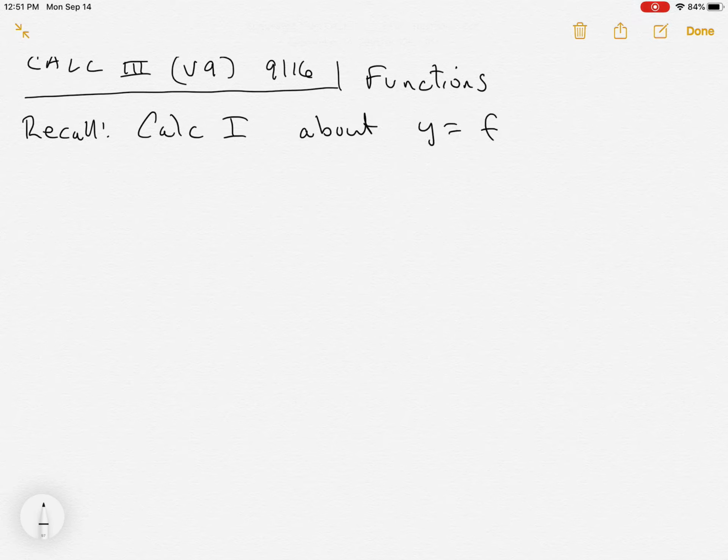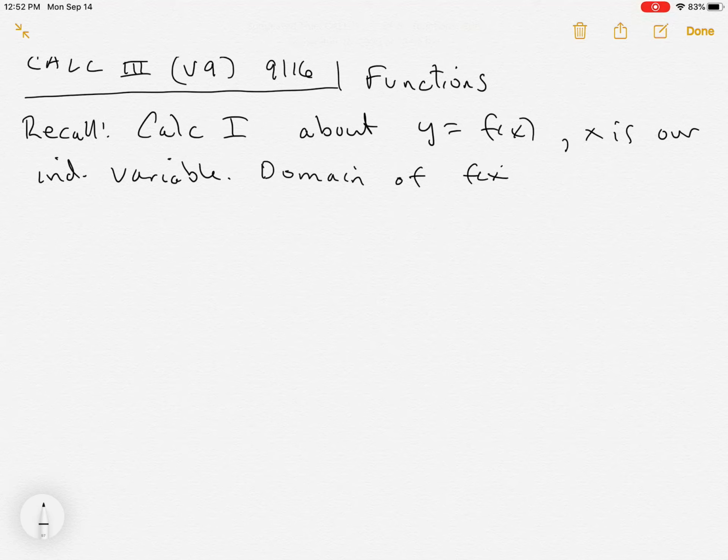Functions y equal f of x. And these are functions of a single variable, right, where x is our independent variable, or input, as engineers like to say. Okay? And so the domain of f is equal to, right?